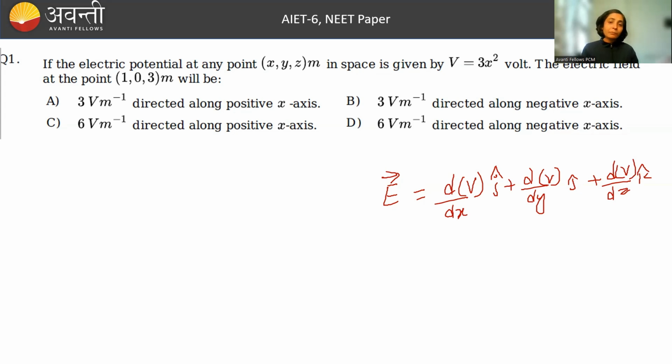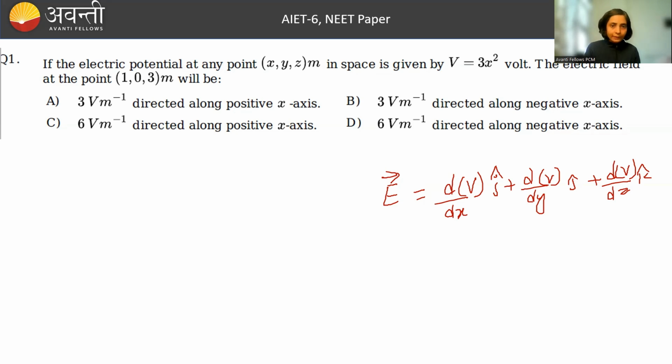When we differentiate voltage with respect to x, we consider y and z as constant. Similarly, when differentiating with respect to y, we consider x and z as constant, and here x and y as constant.